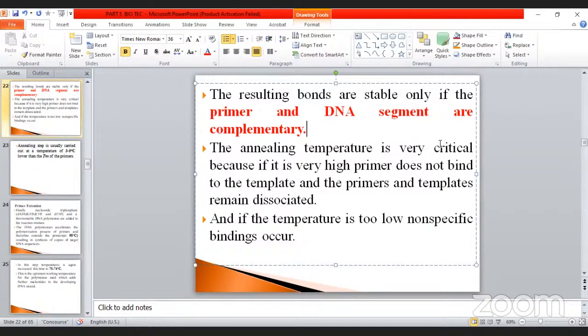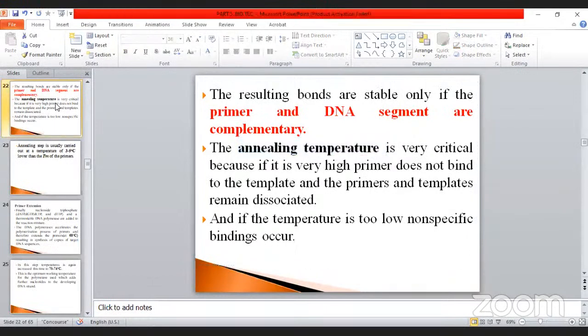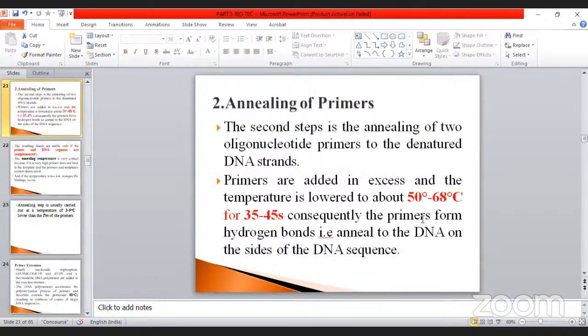The annealing temperature is very critical, because if it is very high, the primer does not bind to the template and the primer and the template remain dissociated. The temperature is very, very important for the annealing process. Suppose the temperature is not within 50 to 68 degrees Celsius, what happens?